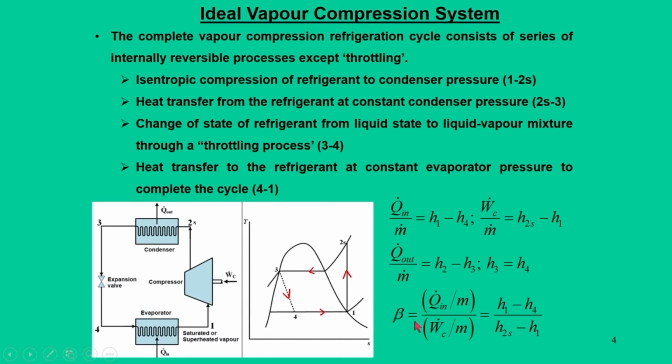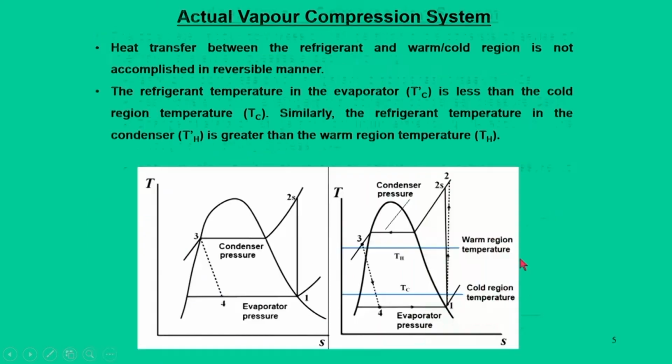Finally, we can calculate the COP, beta, which is the desired effect: Q dot in by m dot divided by W dot C by m dot. So it is h1 minus h4 divided by h2S minus h1.